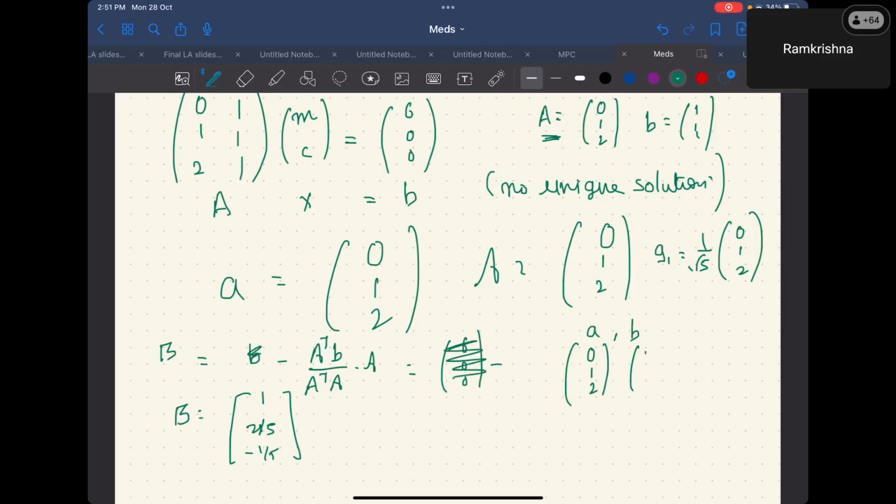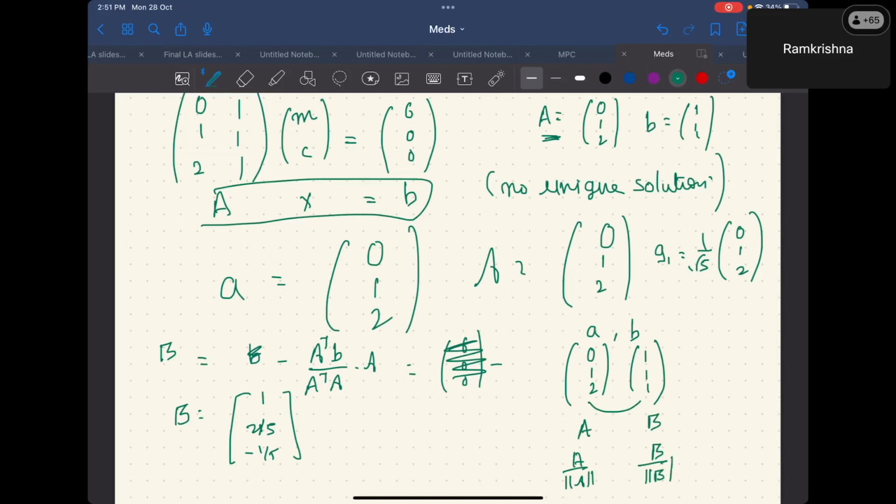B is triple one, 1 1 1. Sorry for the notation. So given these vectors small a, small b, I first construct capital A, capital B, and then capital A by the magnitude of A, capital B by the magnitude of B.